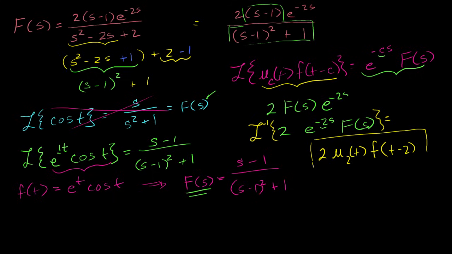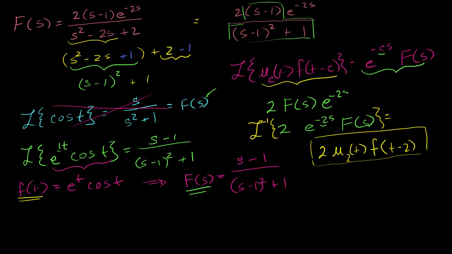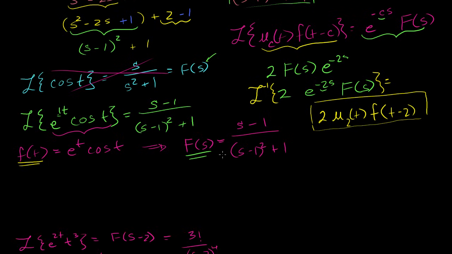Now, what was our function? Our function was this thing right here. So if the inverse Laplace transform of that thing that I had written is this thing, and f of t is equal to e to the t cosine of t, then let me write all of this down, kind of our big result.